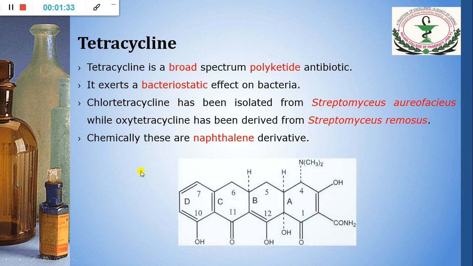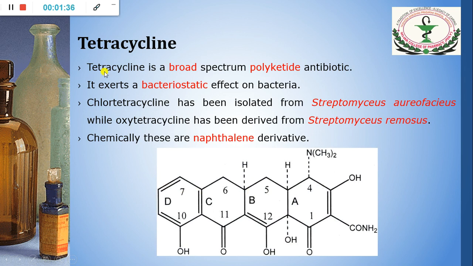You can see the structure of tetracycline. The name suggests that it contains 4 cycles, tetracycle: cycle A, B, C and D. Out of this structure, the dimethylamino group is important for the activity. The configuration between A and B and between B and C is important for the activity.